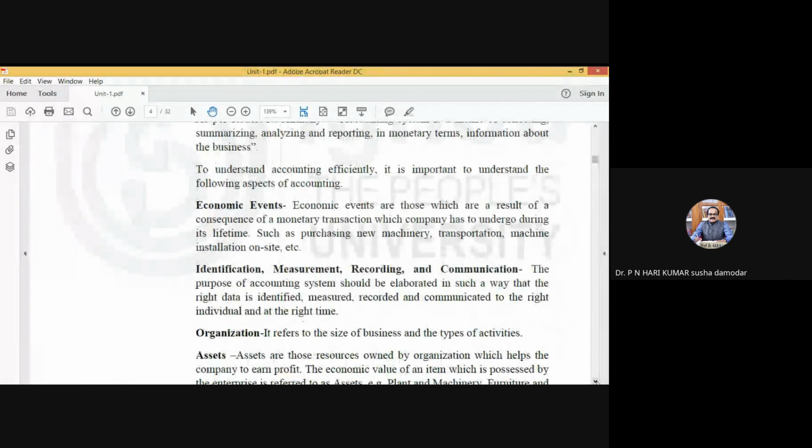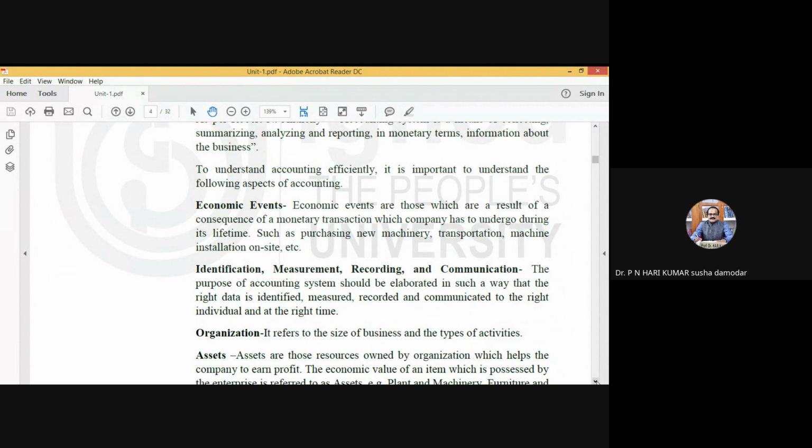Then you will understand what an economic event is. That is very important when you study the accounting principles. Economic events are those which are a result or consequence of a money transaction. See, we want to construct a bridge or a building.